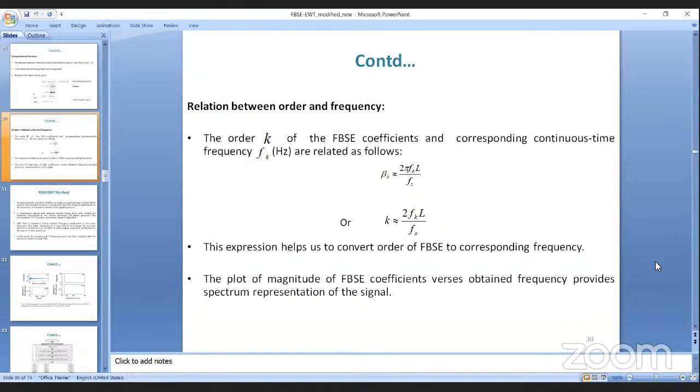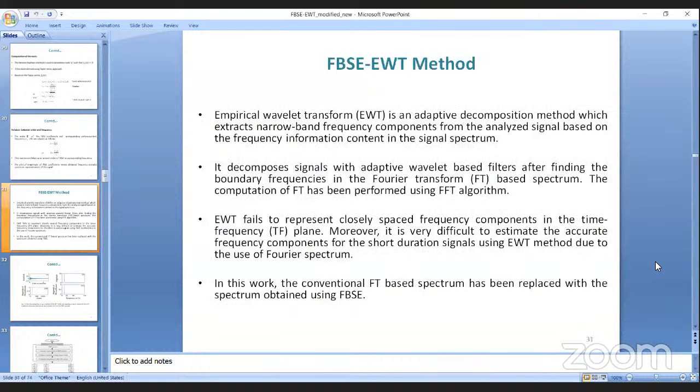And the plot of the magnitude of FBSE coefficient versus obtained frequency provides a spectrum representation of the signal. And based on that, we have proposed a new method for signal processing that we call the FBSE DWT method.